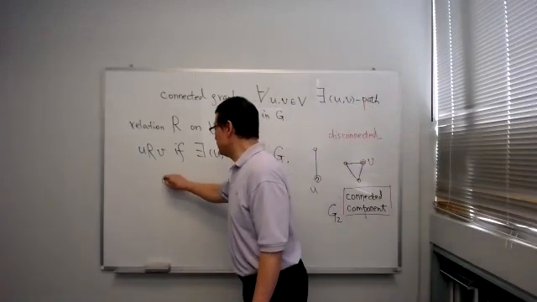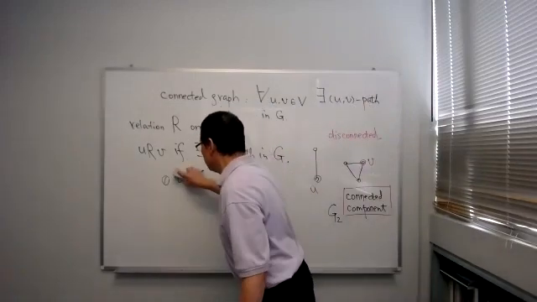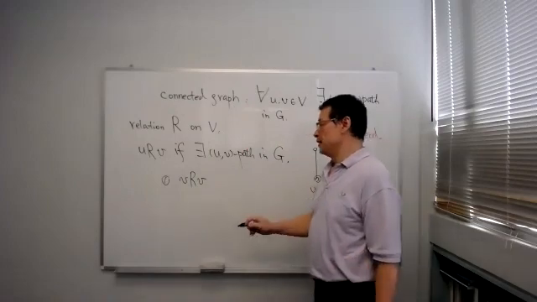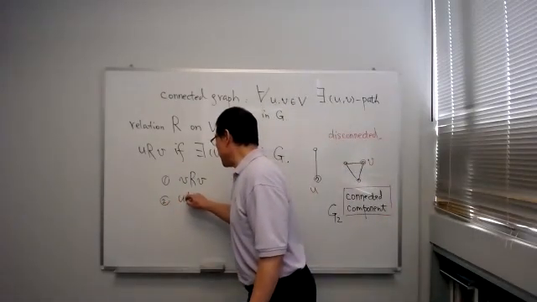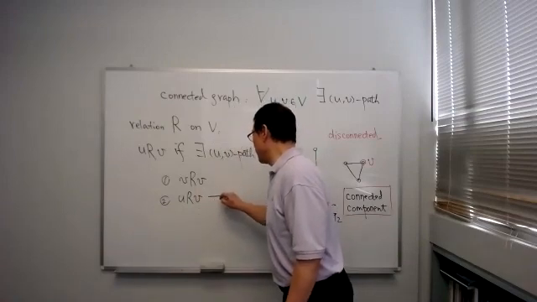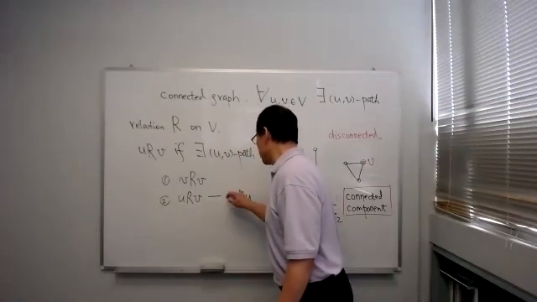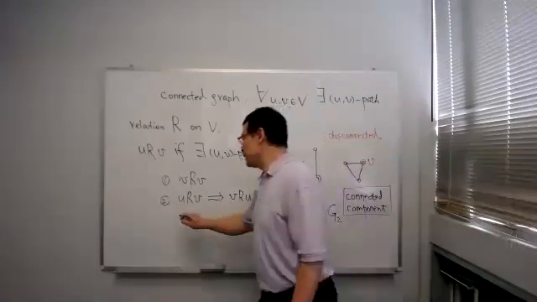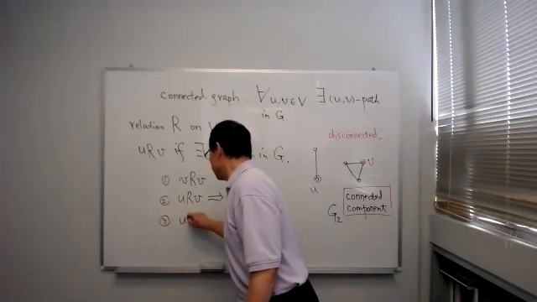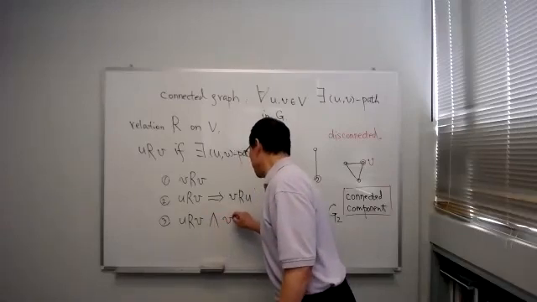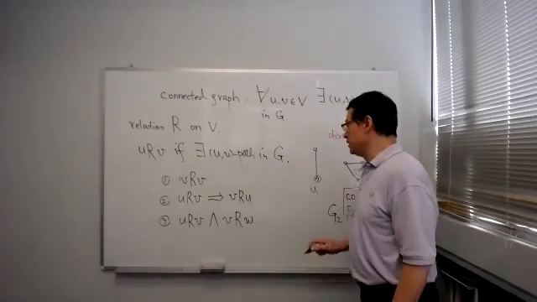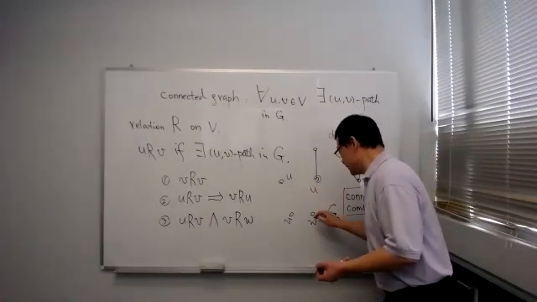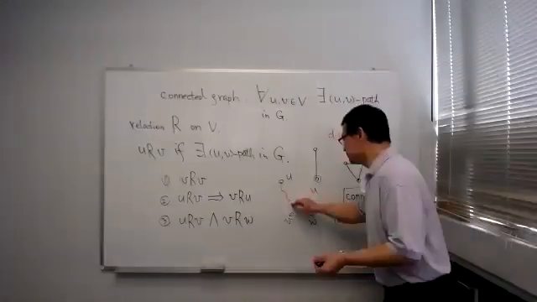Now, this relation is an equivalence relation. Certainly, it's reflexive because each vertex, of course, always has a path to itself, right? So it's reflexive. Secondly, if U and V are connected, of course, that implies V and U are connected. So it's symmetric, right? Thirdly, it's transitive. If U can reach V and V can reach W by paths, so what we have is here U, V, W. So we have paths here.